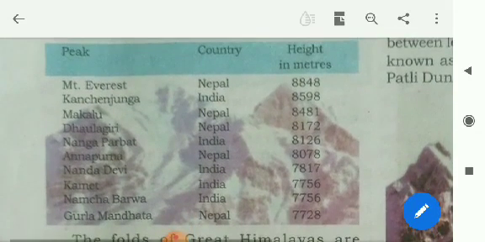Mount Everest, located in Nepal. This is the highest peak mountain in the world. Its peak is 8,848 meters.